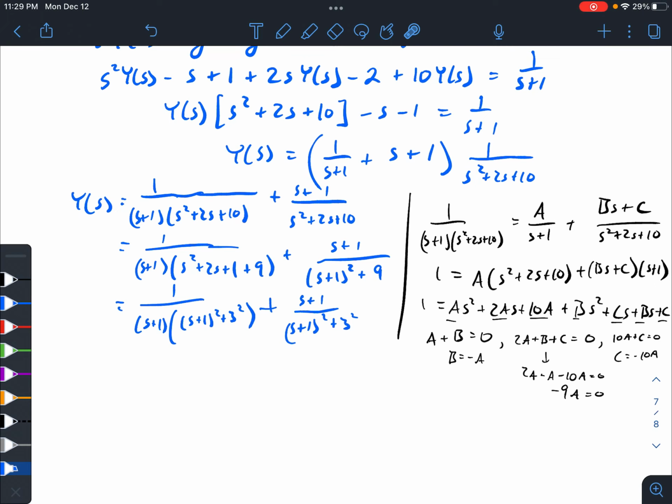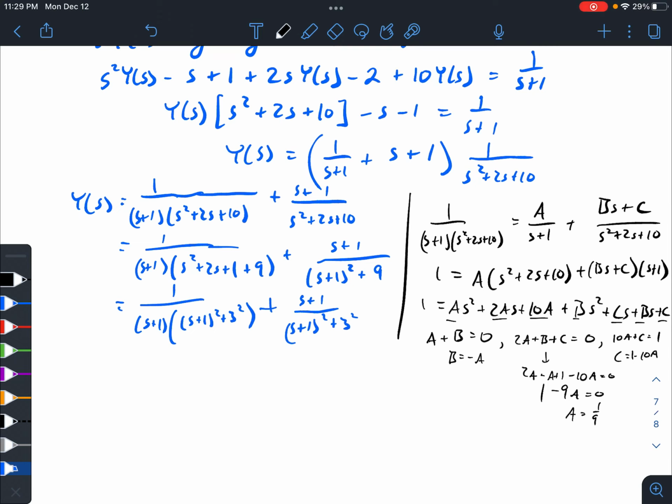Yeah, what equals 1? The constant terms. Where are the constant terms? Constant terms equal 1. Those equal 1. So c is 1 minus 10a. So this is 1 minus 9a equals 0.